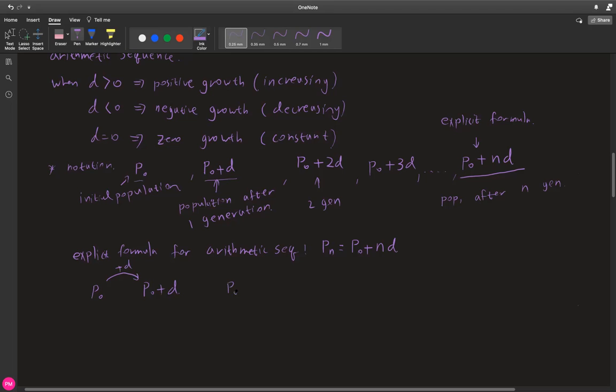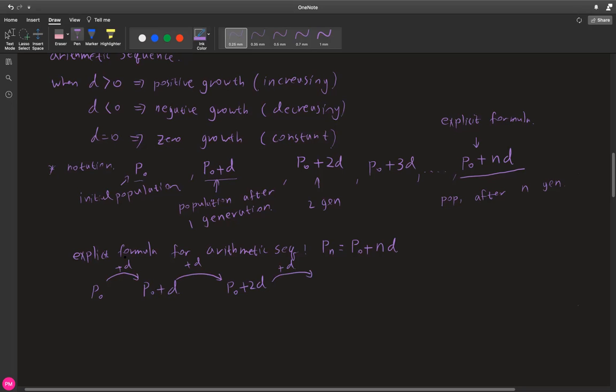Similarly, you can see that the second generation is also the same way. So to go from the first generation to the second generation, you simply add another common difference. And you would simply add the common difference for each term. So we already have that established now.